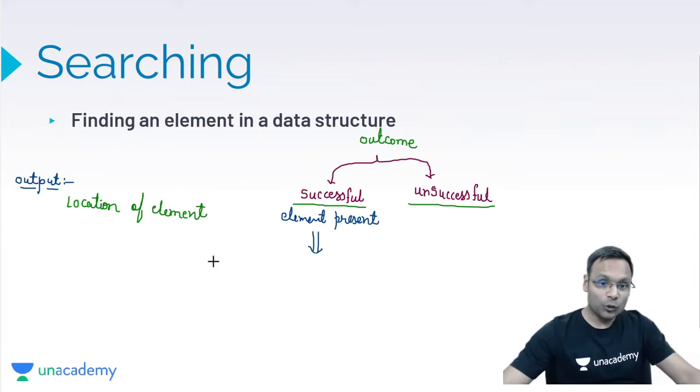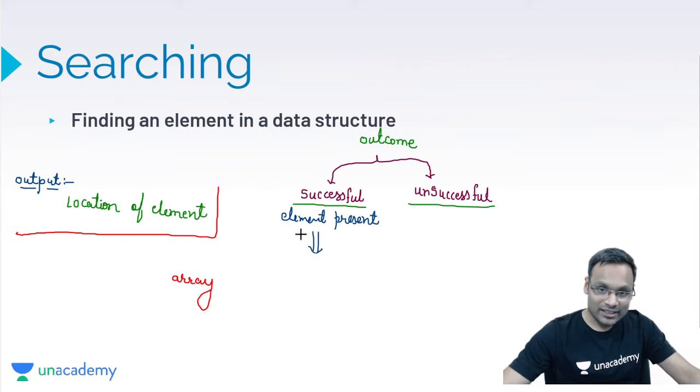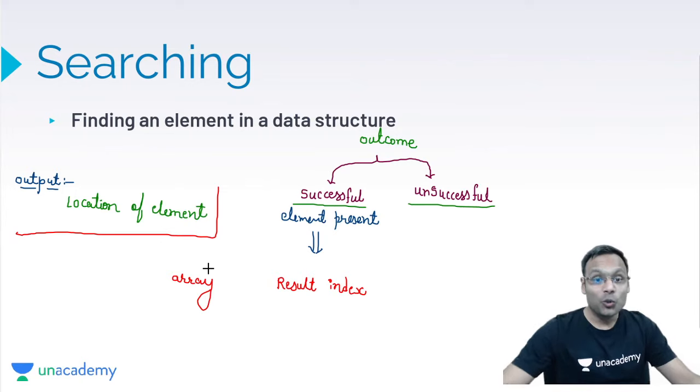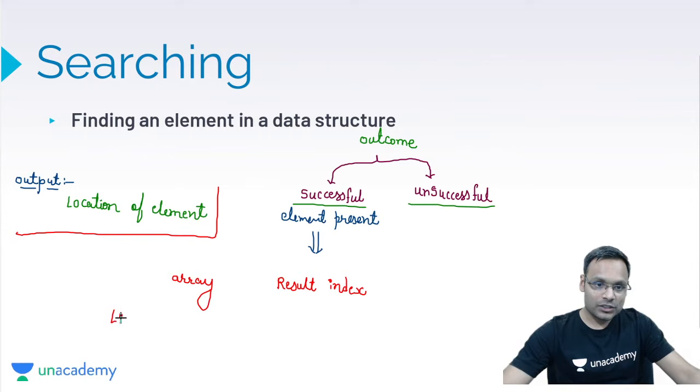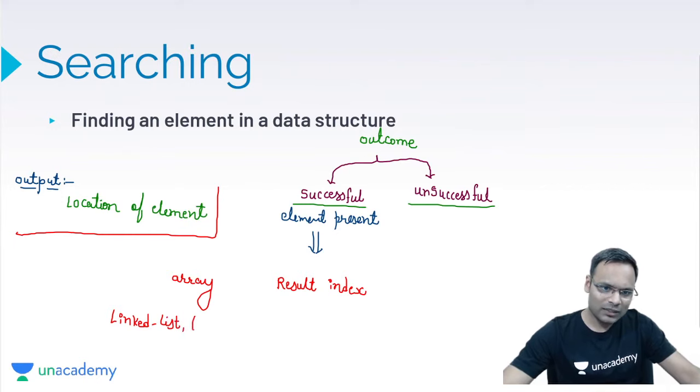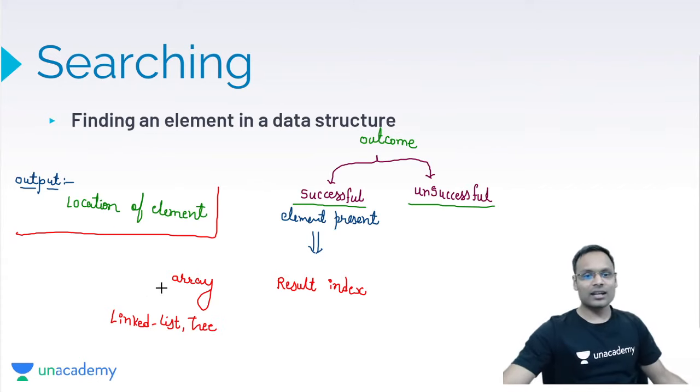Let's say you are storing the elements in an array kind of data structure. In that case, in a successful search, you are going to return the index where the element is present. But if you are storing the elements in a linked list or tree kind of structure in which you store the elements on nodes, then you will understand when we study data structures like tree or linked list.